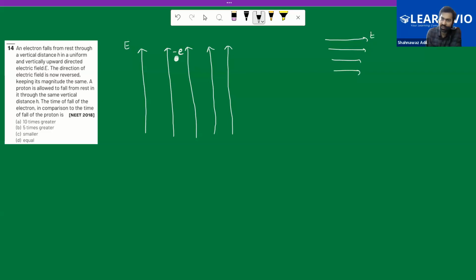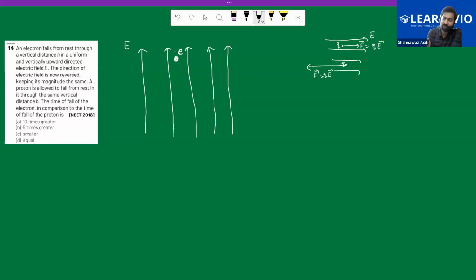If we have this electric field and we put a positive charge, then the force is in this direction, that is QE. If I put a negative charge, then the force is opposite to the direction of the electric field, that is minus QE, right?